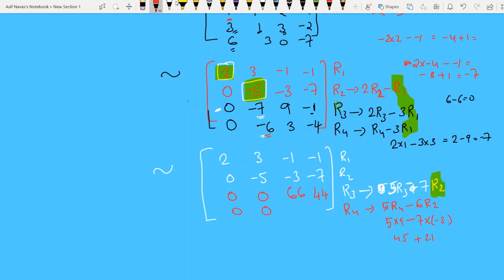Now what will be here? 5 into 3 minus 6 into 21.